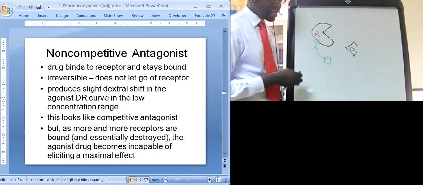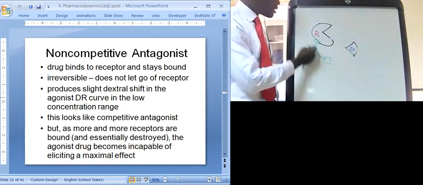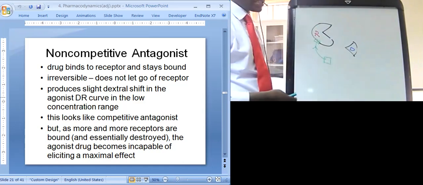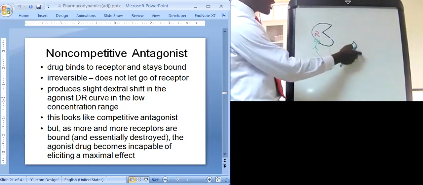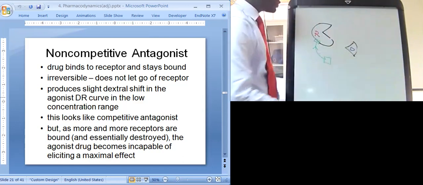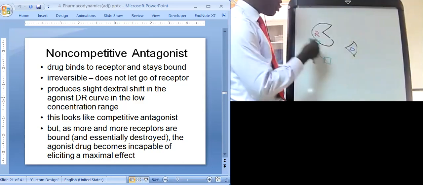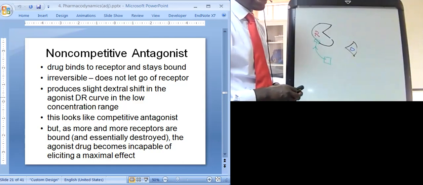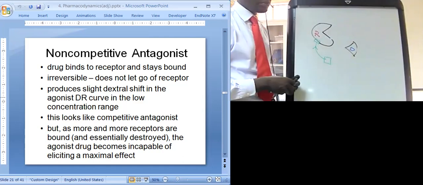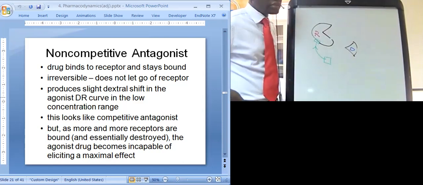It binds anywhere on the receptor, and it binds irreversibly. So once it binds here, it is irreversible. It means that even if you increase the concentration of the drug of choice, it does not really matter because it is binding irreversibly. And then, of course, it produces a shift of our curve as we saw.